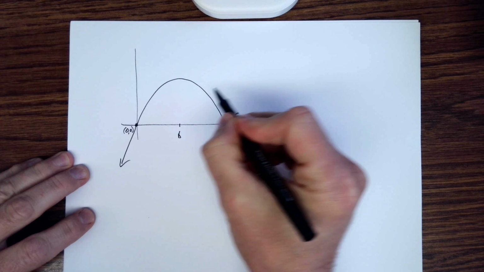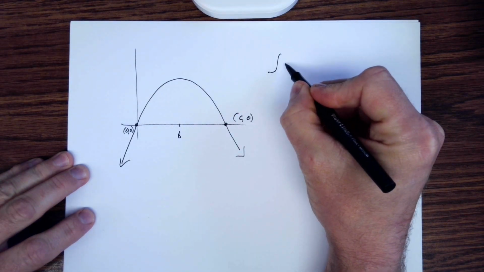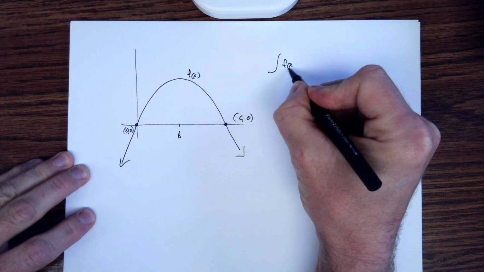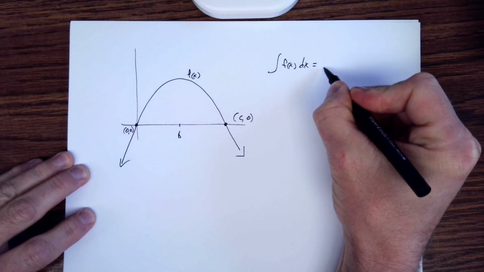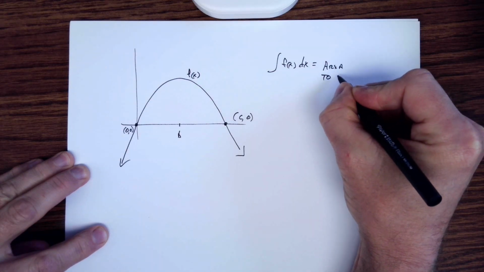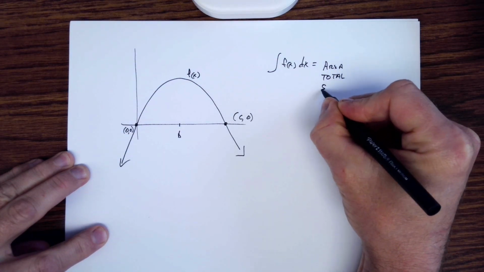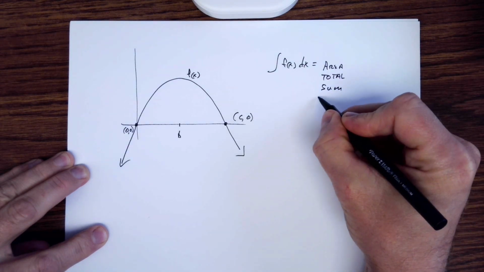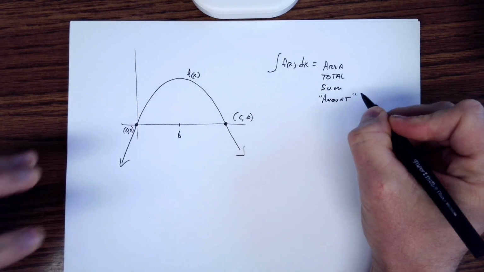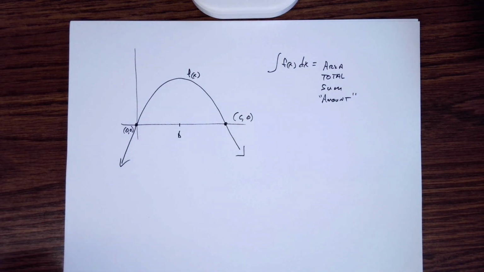Basically, when we integrate, we'll just call this function f right here. When we integrate f of x dx, that gives us an area or a total or a sum or an amount. I'll just write it that way because it's all these different things. It could be a volume.